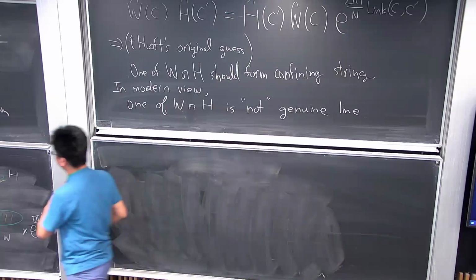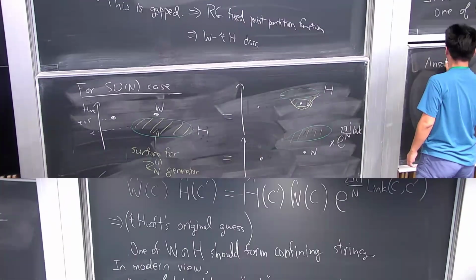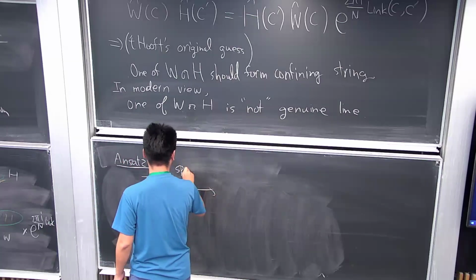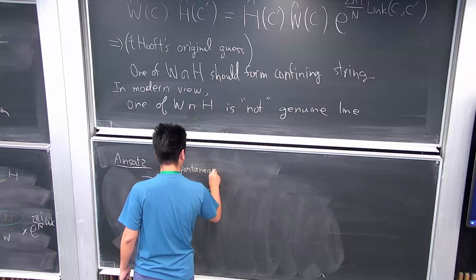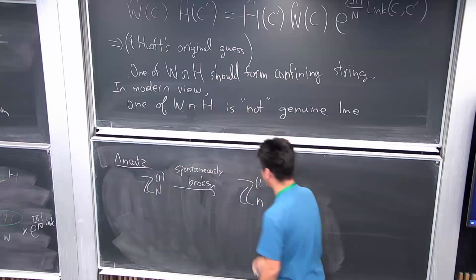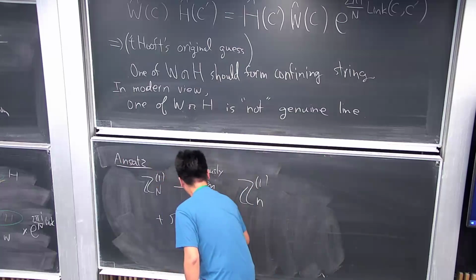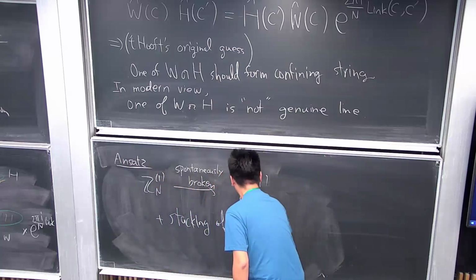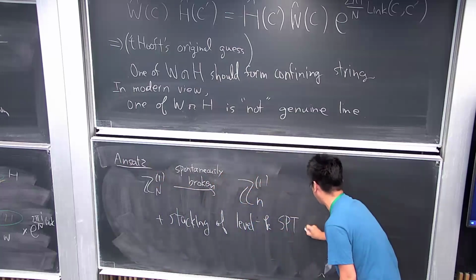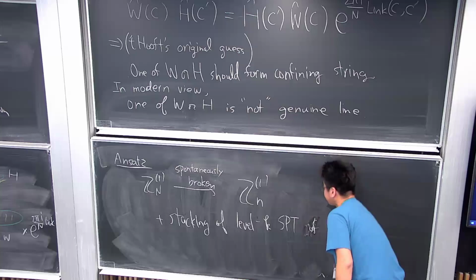And as an answer for having this RG fixed point partition function, we assume that this Z_N one-form symmetry is spontaneously broken to some subgroup, let's say the small n one-form symmetry, and we also consider stacking a level K SPT state, symmetry protected topological state, of this unbroken symmetry, let's say Z_n.